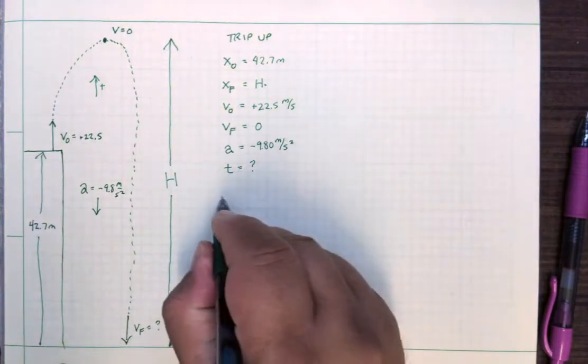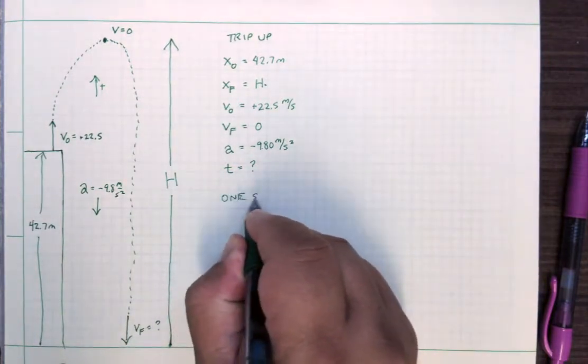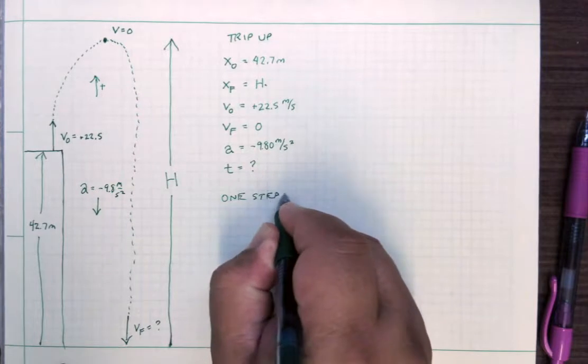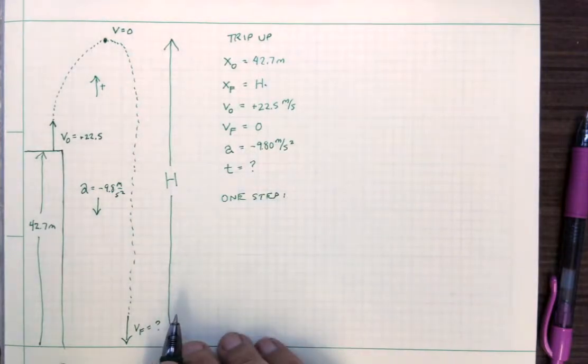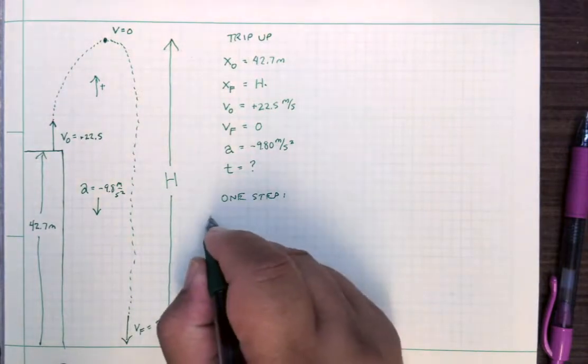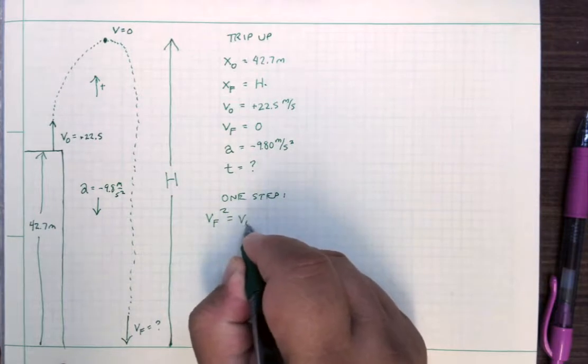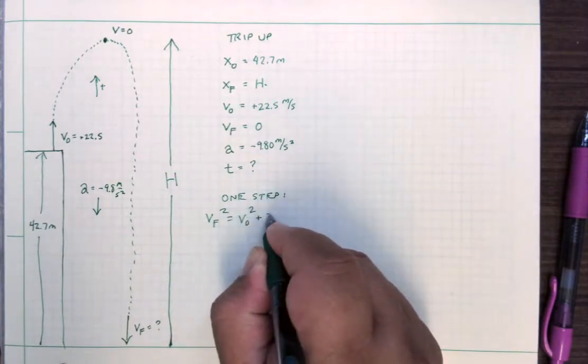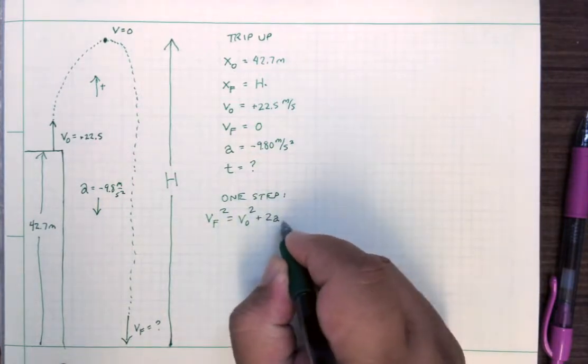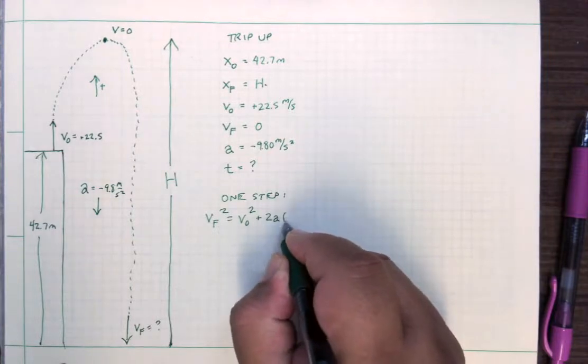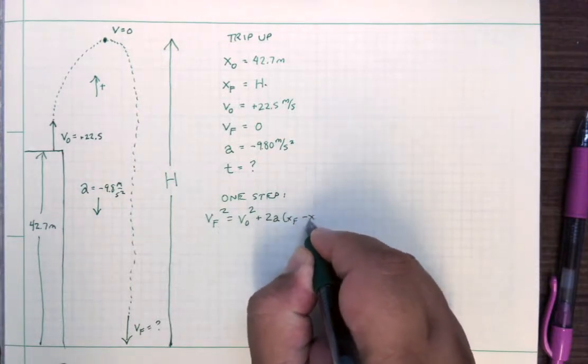So if we want to solve the problem in one step, we can turn to the equation of kinematics that does not involve time. And it's this one. V final squared equals V initial squared plus 2 times acceleration times x final minus x initial.